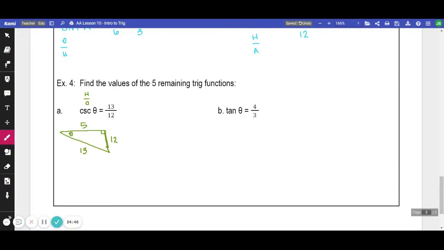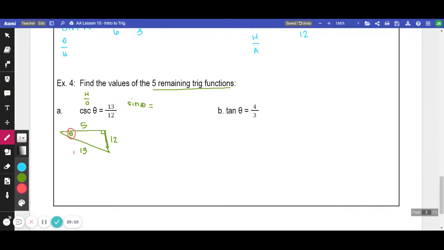So once we have those sides, it says find the 5 remaining. Remember our very first problem was to find all 6 of them? You're just doing that now, except you got to find the other 5. So we're going to go through sine. Should we label these? Here's our angle, right?